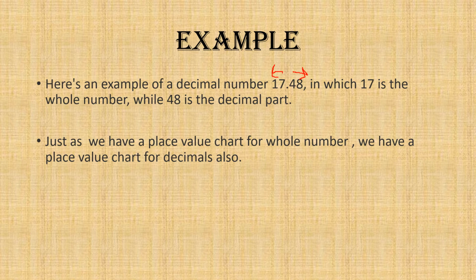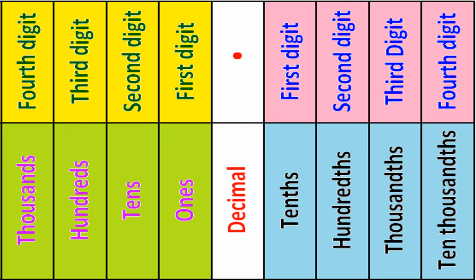And just as we have a place value chart for whole numbers, we also have a place value chart for decimal numbers. This is the decimal place value chart. We all know that in the place value chart we have ones, tens, hundreds and thousands.